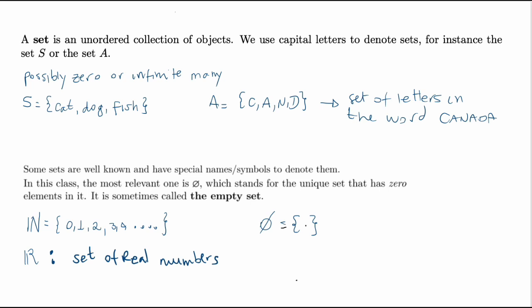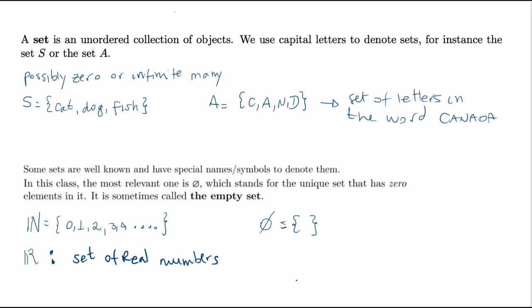So the empty set has 0 elements, and this symbol is reserved for the empty set. Always. If you see the symbol, that's the meaning of the symbol.